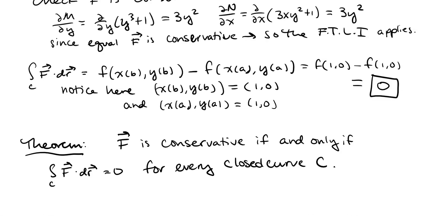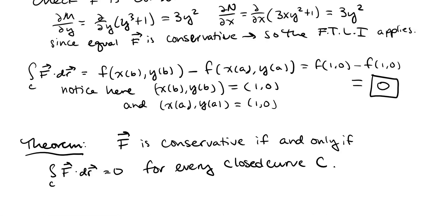So we just saw this in one of the directions, right? If F is conservative, then that closed curve line integral will equal 0, but it turns out that it's actually true in the other direction as well. If you could argue that this line integral is 0 for every possible closed curve, which is a fairly difficult thing to show because there's infinitely many possibilities, but if it is true, that is the only way that F is conservative.